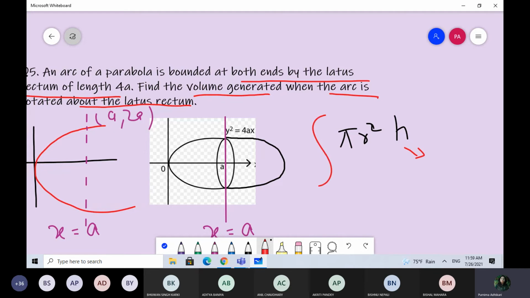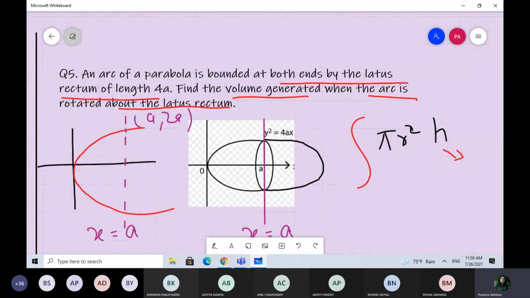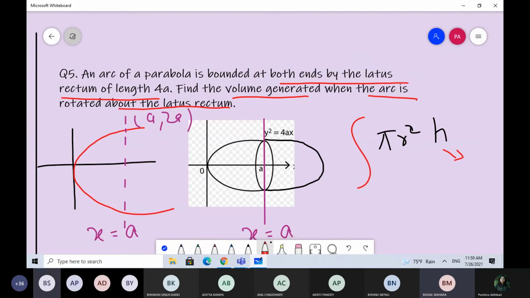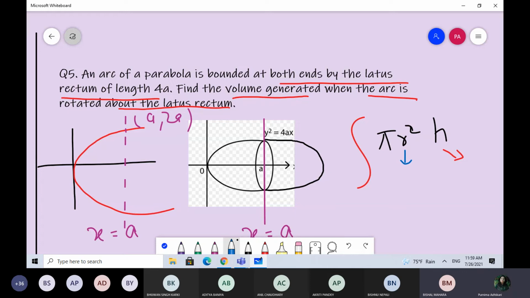Definitely integration. Come on. Yes, in place of r it will be x. And in place of h, dy. Very good, dy. In place of h it becomes dy.